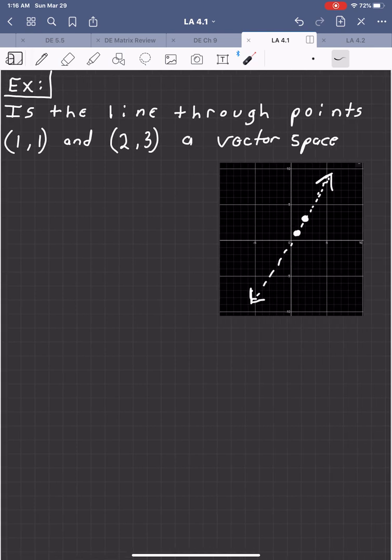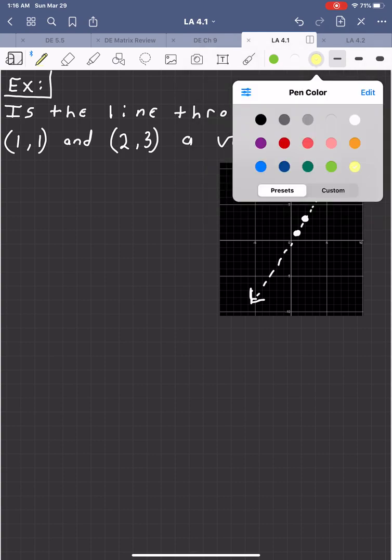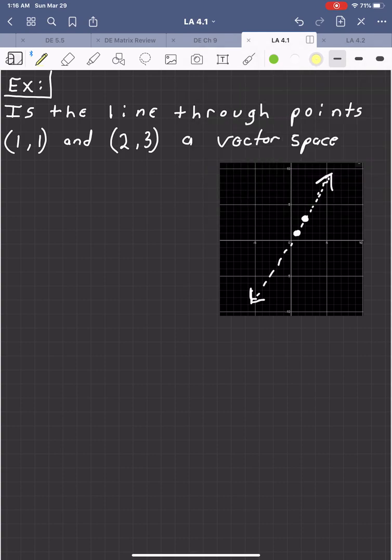All right, let's try another one. Now, vector spaces, I want you to understand, are much more abstract than systems in R1, R2, R3, R4, things like this. You don't need a coordinate system at all, actually.